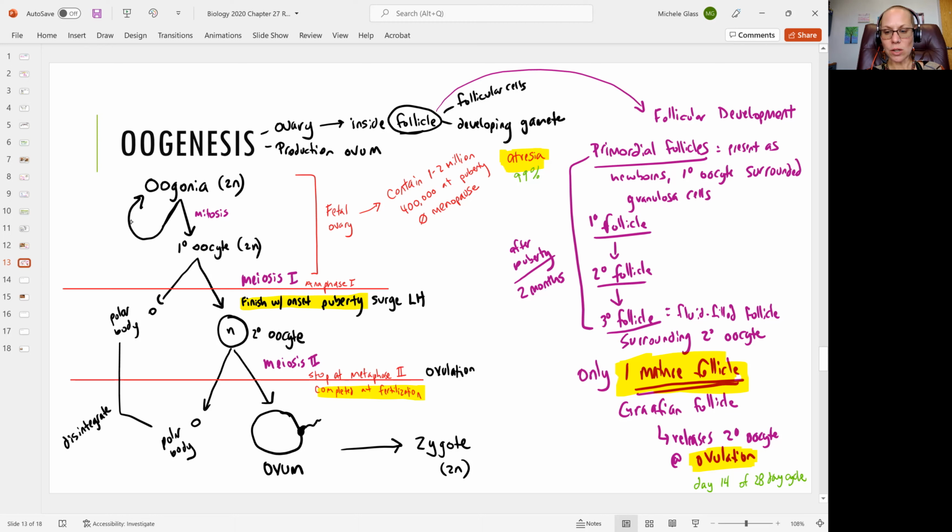When ovulation occurs, this Graafian follicle is going to become a structure called the corpus luteum. And the corpus luteum, we're going to see, is going to release progesterone.